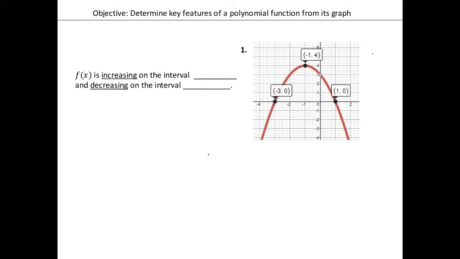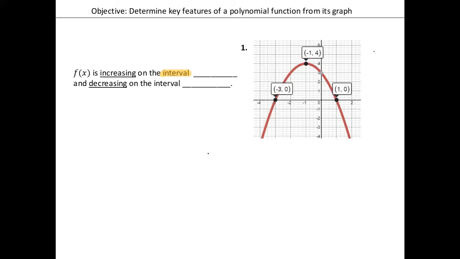So back to here, it says we have the interval where it's increasing. So in an interval, I need to have both x values, okay? So this is going to be like an x1 and an x2. And I'm looking for where the function is increasing.